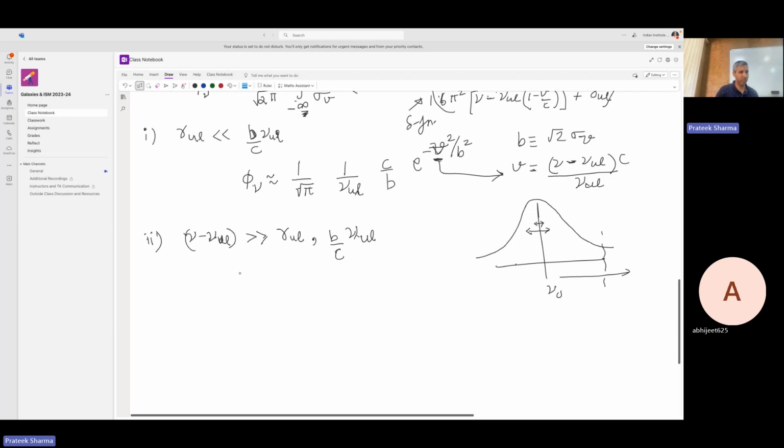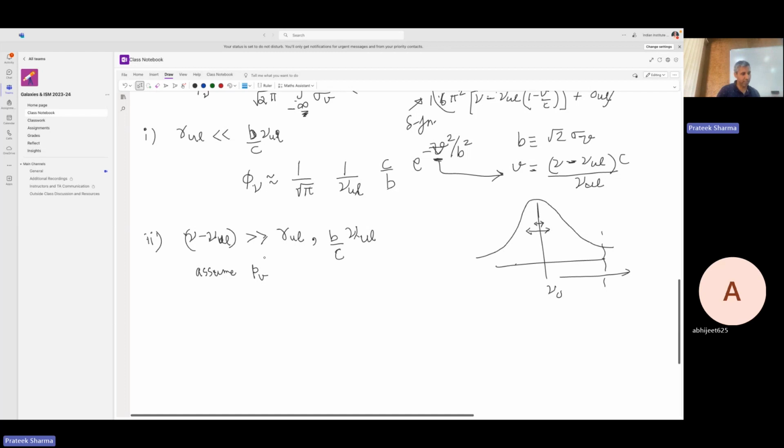In this case, you assume the thermal width to be negligible, treating the velocity distribution to be a delta function.